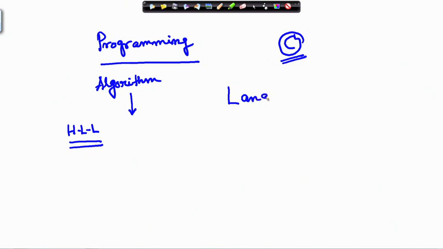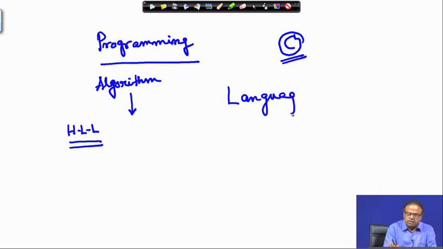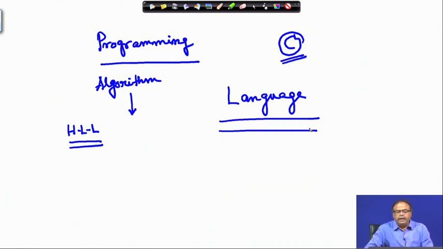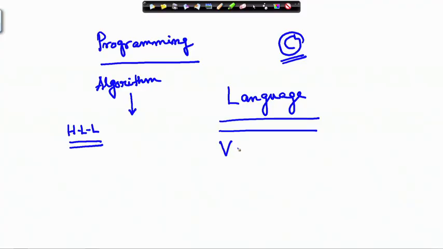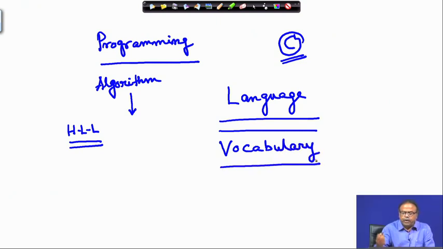Let us see. Now, we are using the term language. Think of a human language. Any language is constituted of some vocabulary, right? The vocabulary, say for example, in English, consists of some words, right?